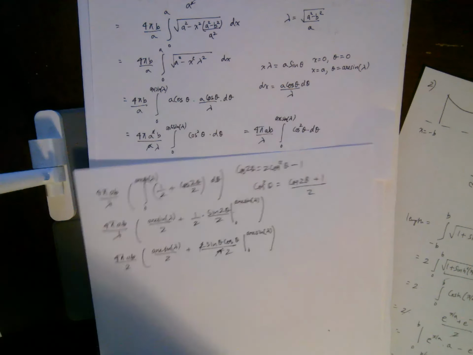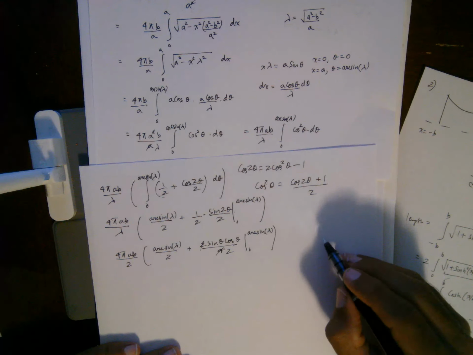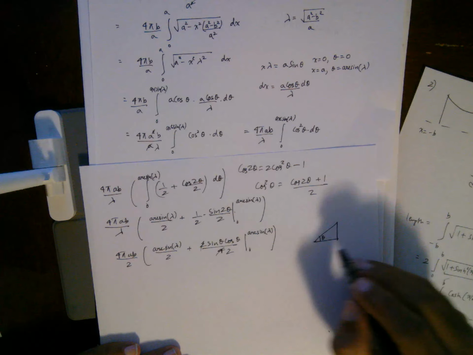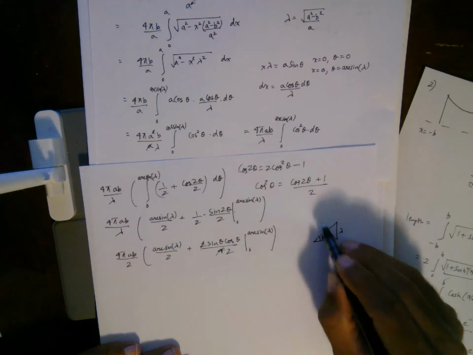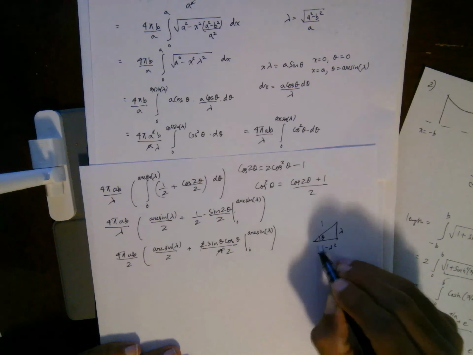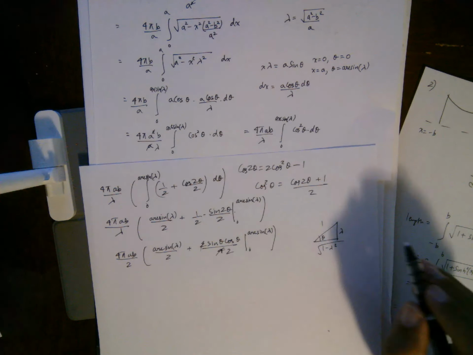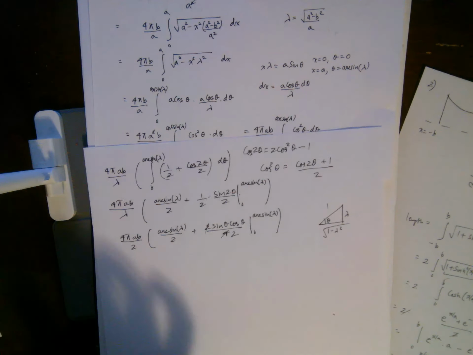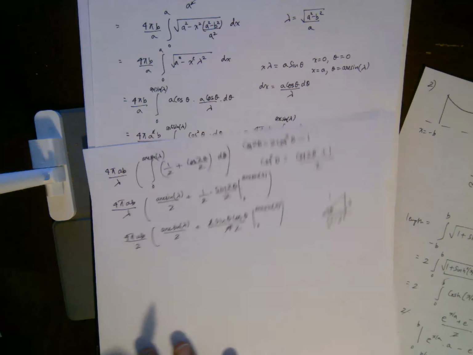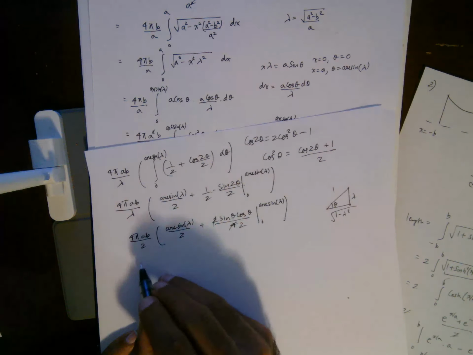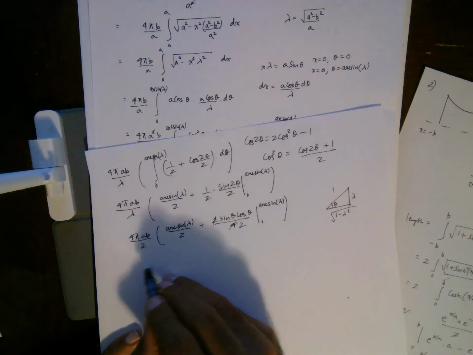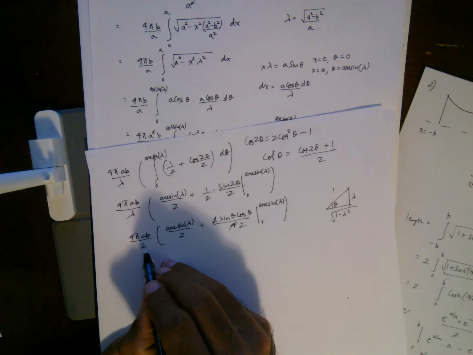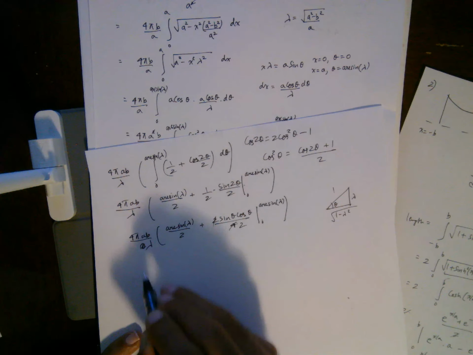However, we can use a triangle here, right? Because by definition of theta, sine theta is lambda, so cosine theta is adjacent over hypotenuse, the square root of 1 minus lambda squared. Okay, so let's pull out this 2.